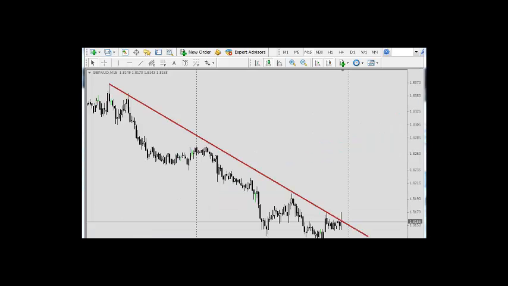Also, whenever price goes close around the trend line in a downtrend, you look for a short trade. As you can see here, we can enter a short trade at this level.